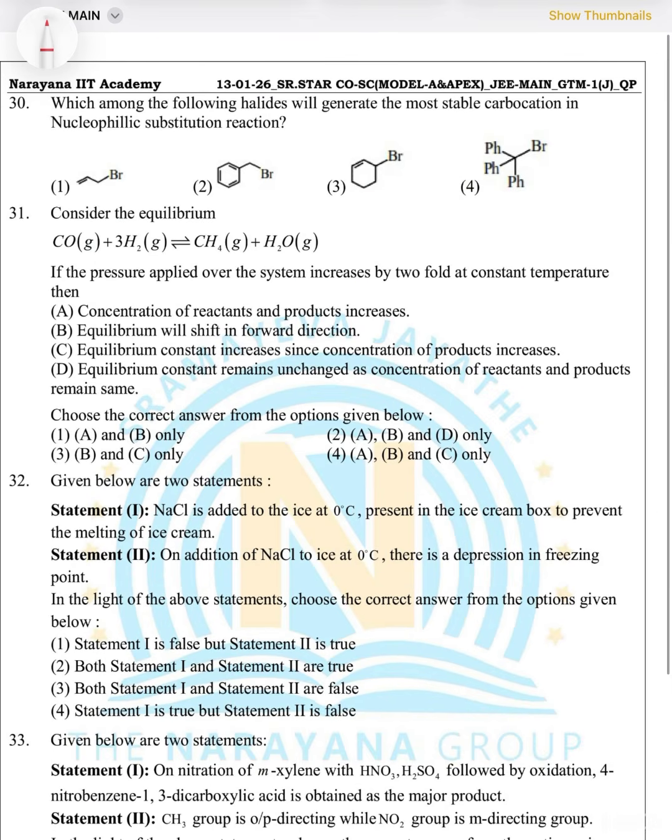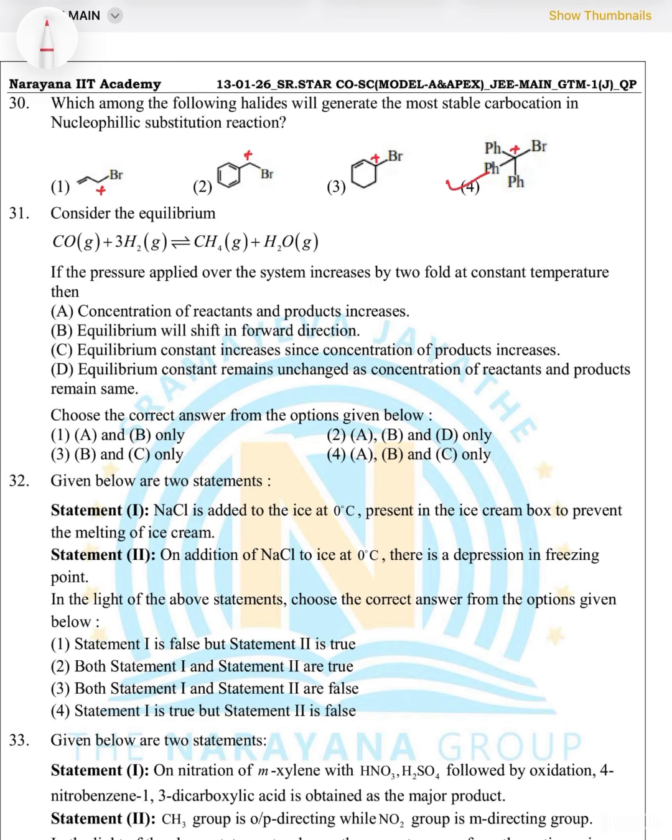Next, question number 30. Which among the following halides will generate the most stable carbocation in nucleophilic substitution reaction? So this is a carbocation. Here also by breaking of the C-Br bond, a carbocation will form. Here also carbocation, and here also carbocation is formed. Among all, the fourth one is more stable because extra stability is there, because of 3 phenyl groups.